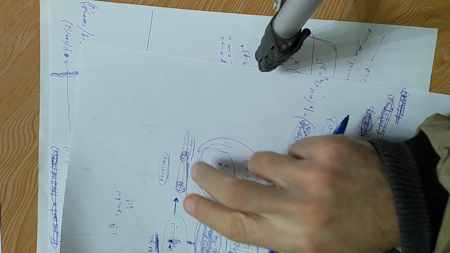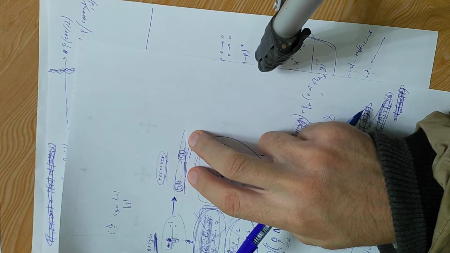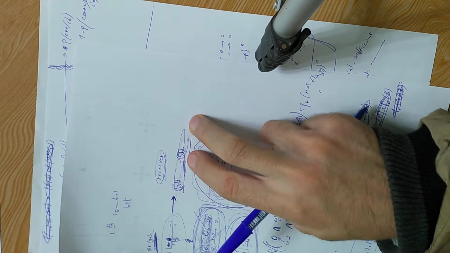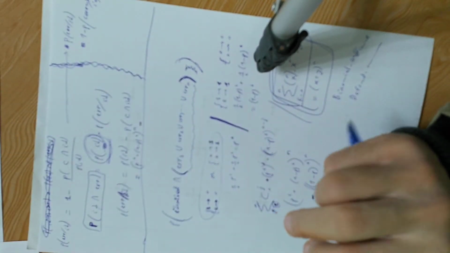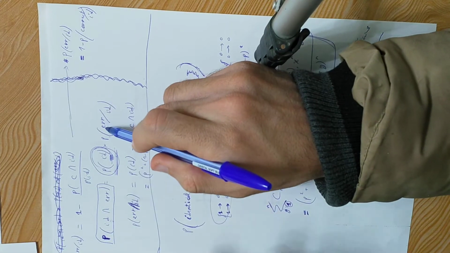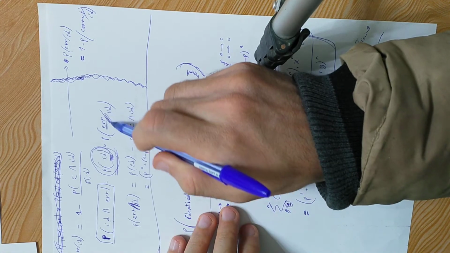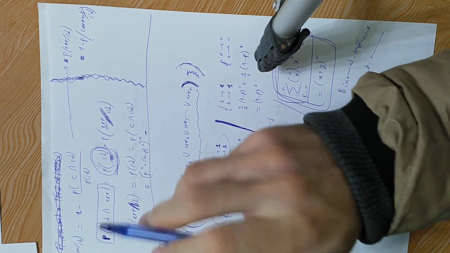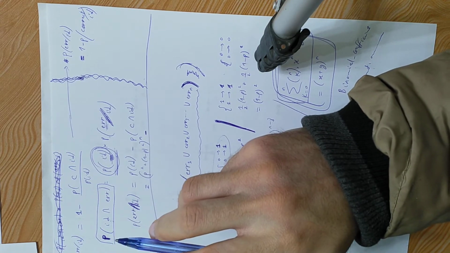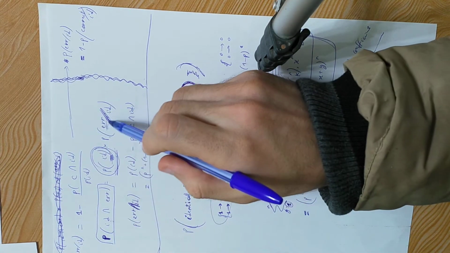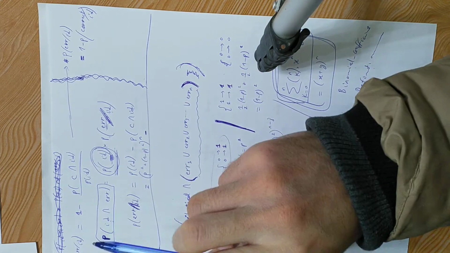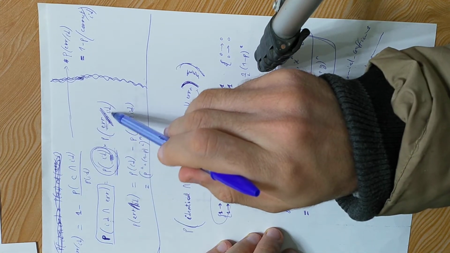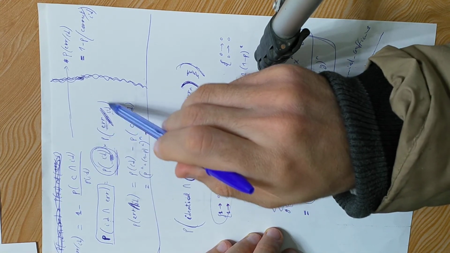Times the probability of having an error, which means that something has to be flipped, knowing that the two messages are identical.